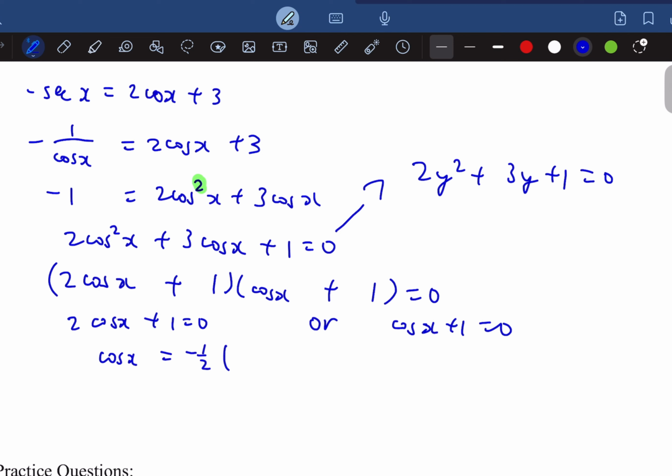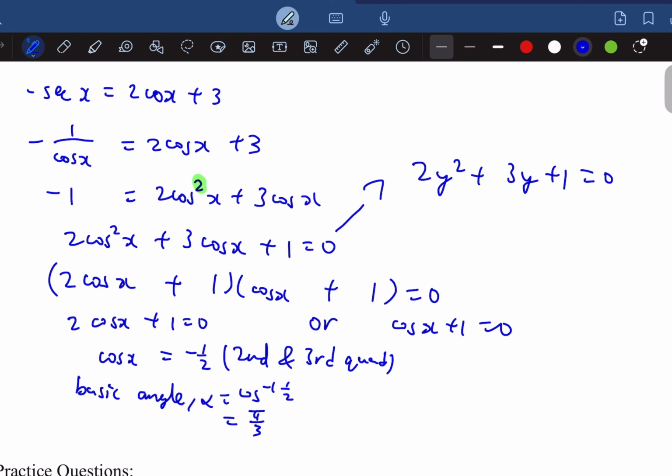So cosine negative is in our second and third quadrant, ASTC, second and third quadrant. So I find basic angle. So basic angle alpha, okay, happens to be cosine inverse half. Then this is 60 degrees, so pi over 3.